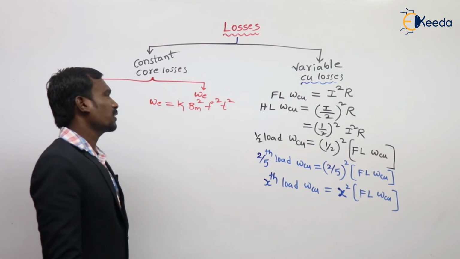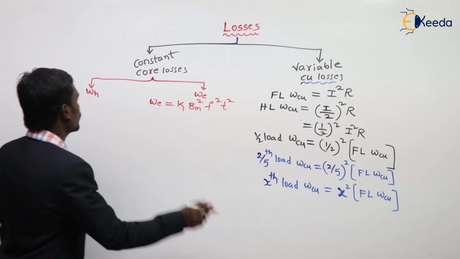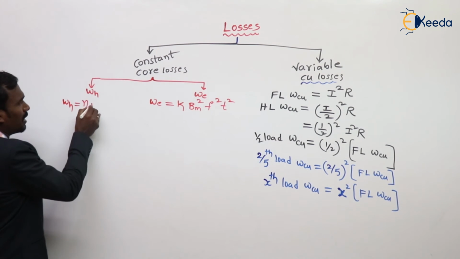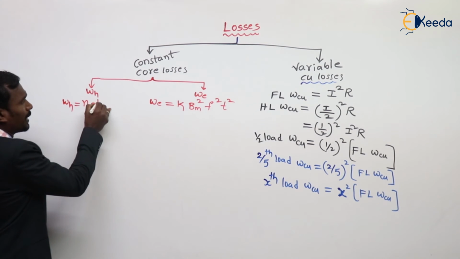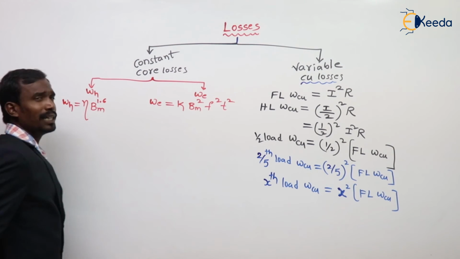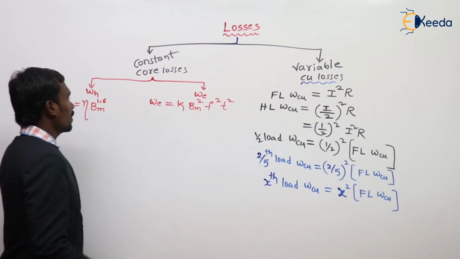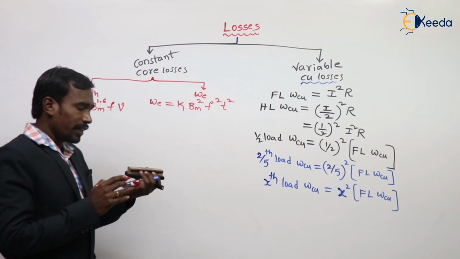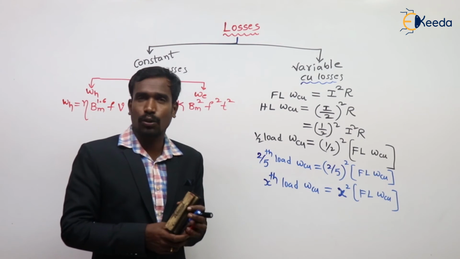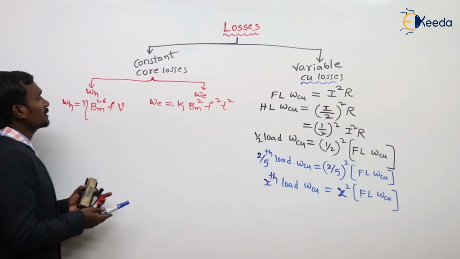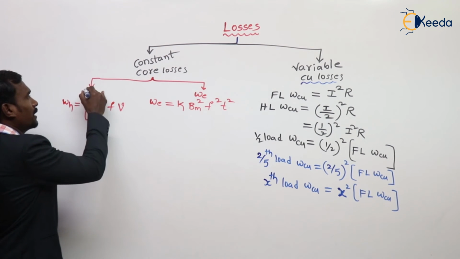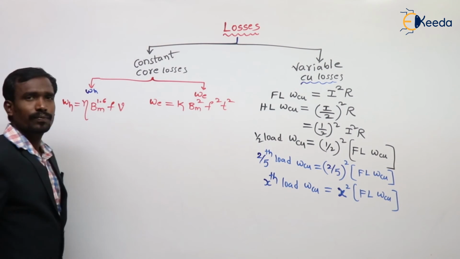And what is the formula for hysteresis losses? Eta B max whole power x, where the x value is 1.6, so B max whole power 1.6, into F into V. Here V is the volume of the core. This is the hysteresis and eddy current losses formula.